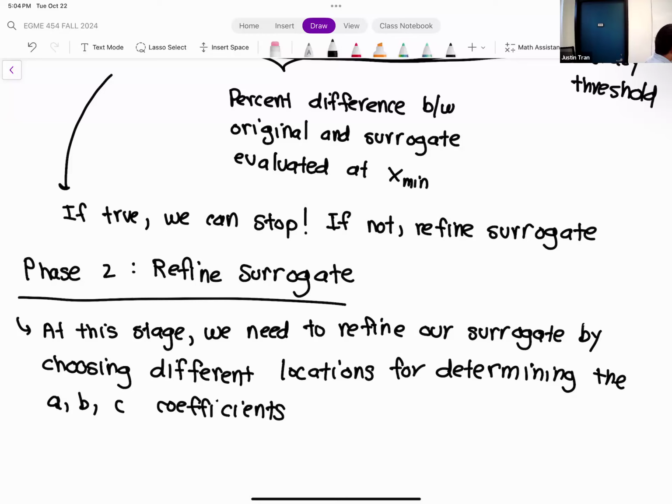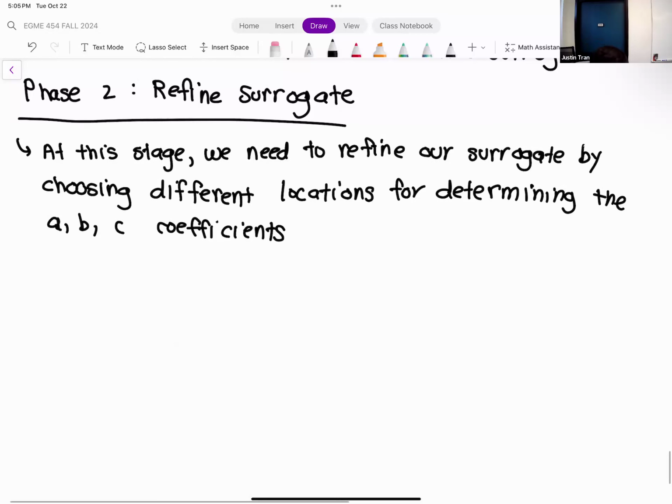We already know our range, so we're already going to be between 0 and 2t. It's just changing the function evaluations and rearranging them to choose A, B, and C. As a reminder, we have three coefficients, and the way we determine those three coefficients is by making three function evaluations.